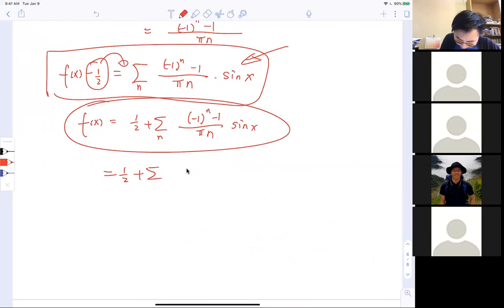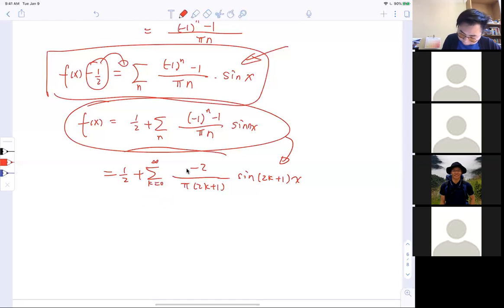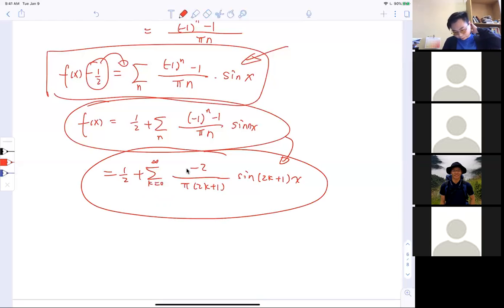Meaning that n equals 2k plus 1. So it's the sum over k from 0 to infinity of minus 2 over pi (2k plus 1). You can simplify your result like this. Is this what you're saying?